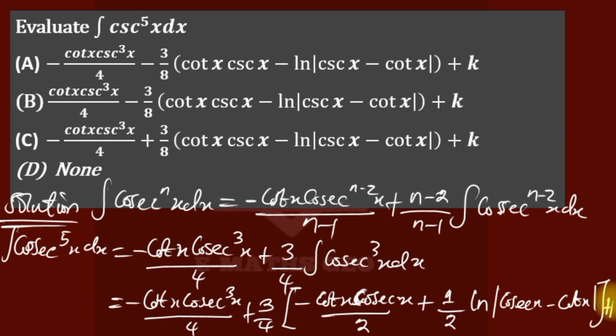We're now left with the integral of cosec, which is ln cosec x minus cot x.